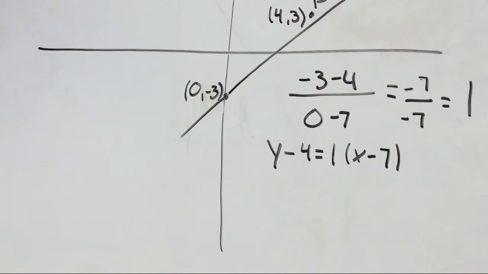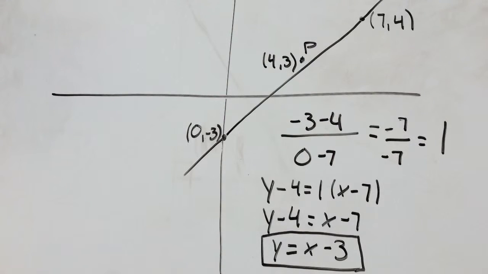Now we put that into the point-slope formula, which is y minus 4 equals 1 times x minus 7. If you simplify that, it turns out to be y equals x minus 3.